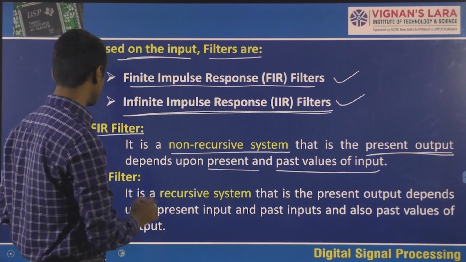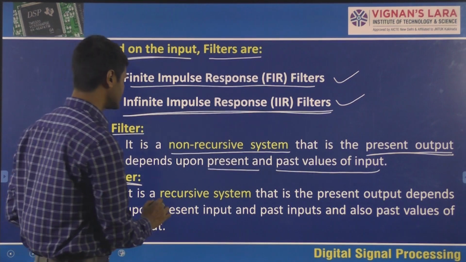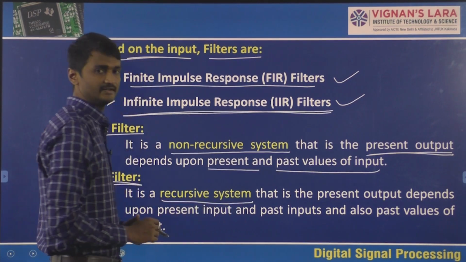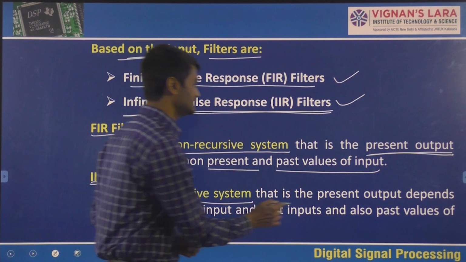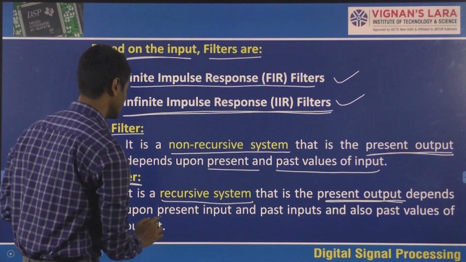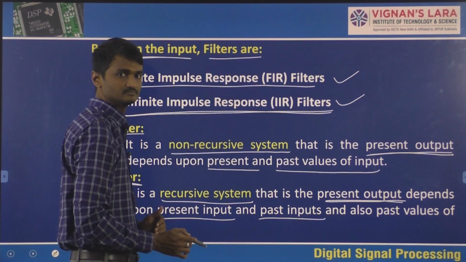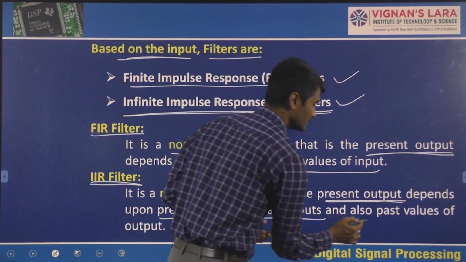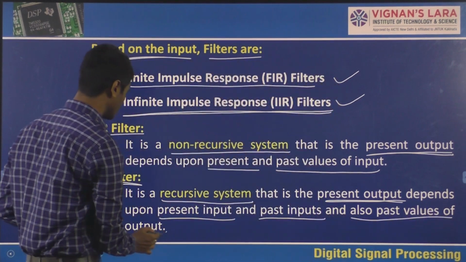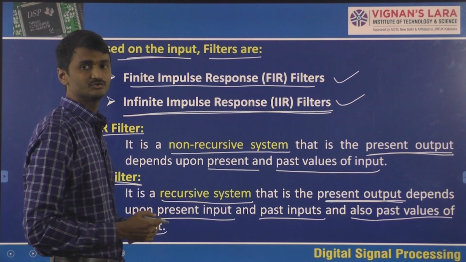Okay. Coming to the IIR filter, it is a recursive system. The present output depends on present input, past input, as well as past values of output. So that it is called a recursive system.